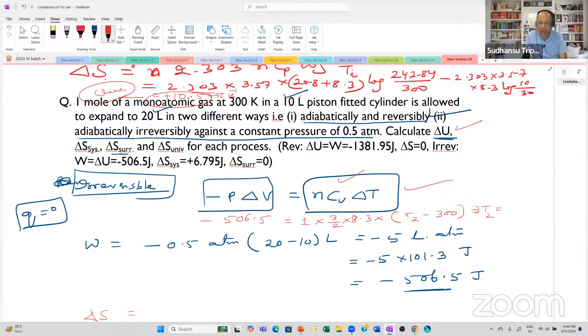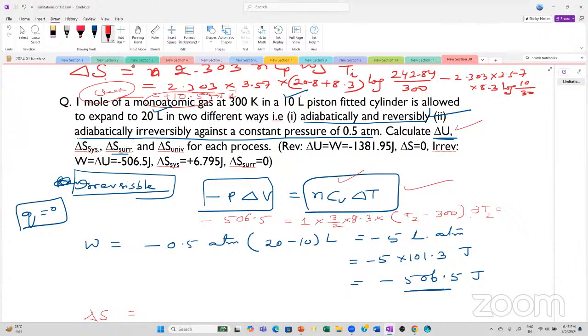I told you that adiabatic gas laws are applicable only for the reversible process, the ideal process. The irreversible processes are not ideal. For that, you have to find out the final temperature by equating nCv delta T, which is universally applied for any process, and this exclusive expression that we use for irreversible process is minus P external into delta V. You got it?